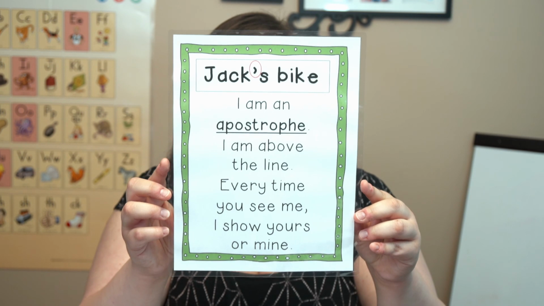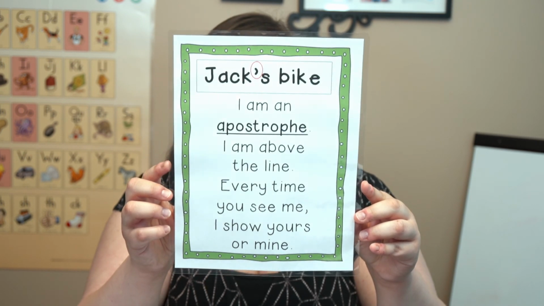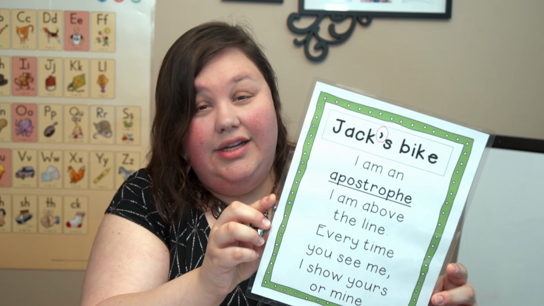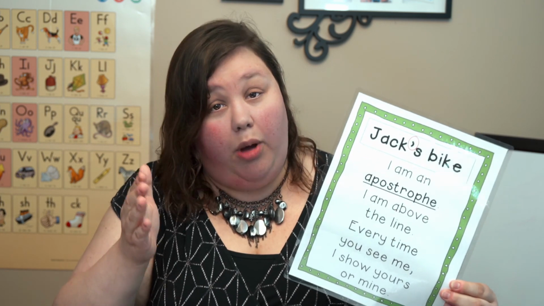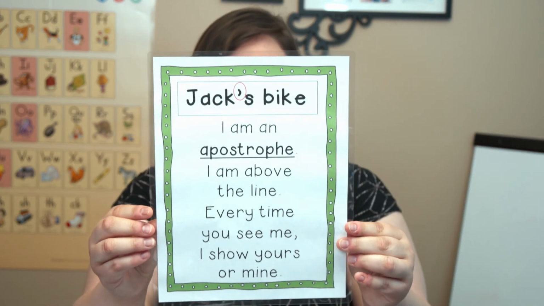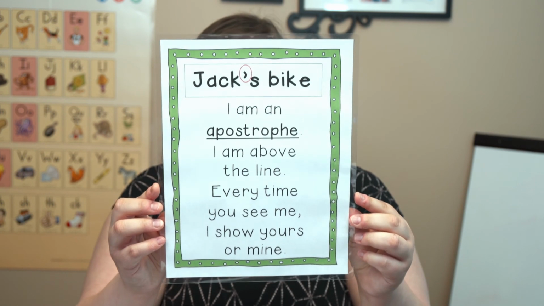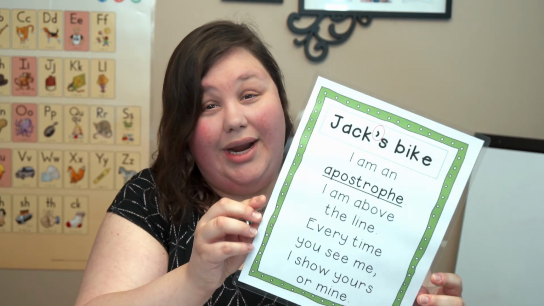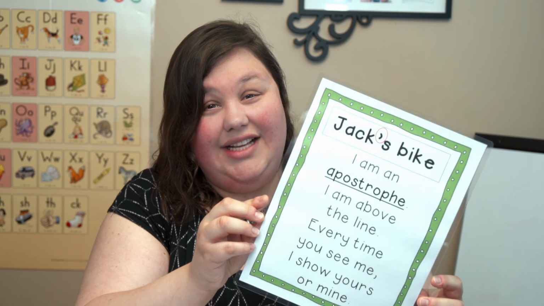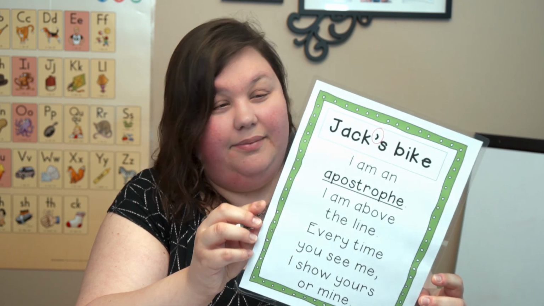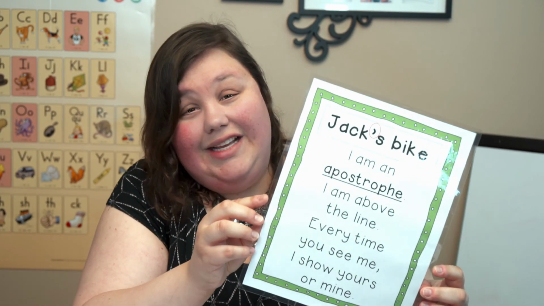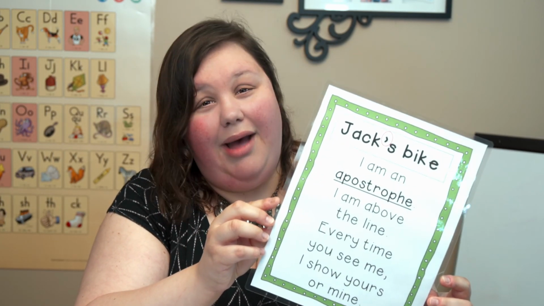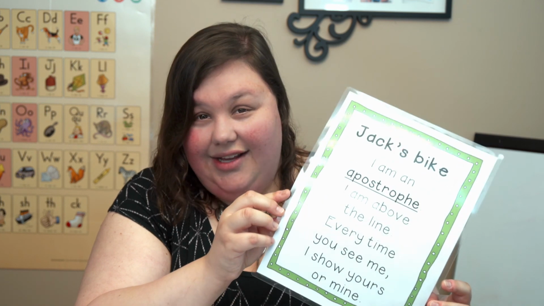Well, it tells if it's yours or if it's mine. It shows possession. If I have a bike, it's Miss Palmer's bike. Before I add that S on the back of Palmer, I have to have an apostrophe. Some of my friends have apostrophes in their name, and that just breaks apart their name, right? Kind of gives it a little pause in there. But this is used to show possession. Whose is it? Is it your toy or is it mine? That apostrophe will tell us, won't it?